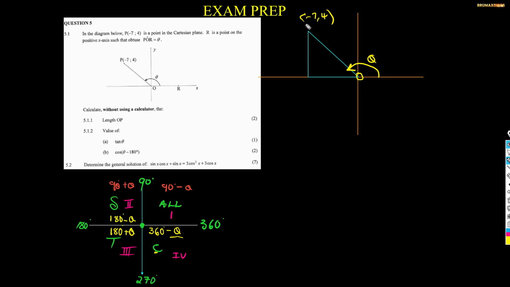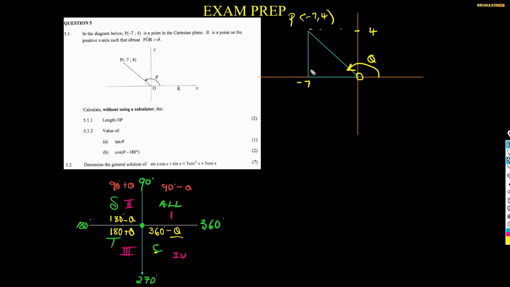So remember, the P coordinate will give us negative: this point here will be -7 on the x-axis, and this point here will definitely be 4.